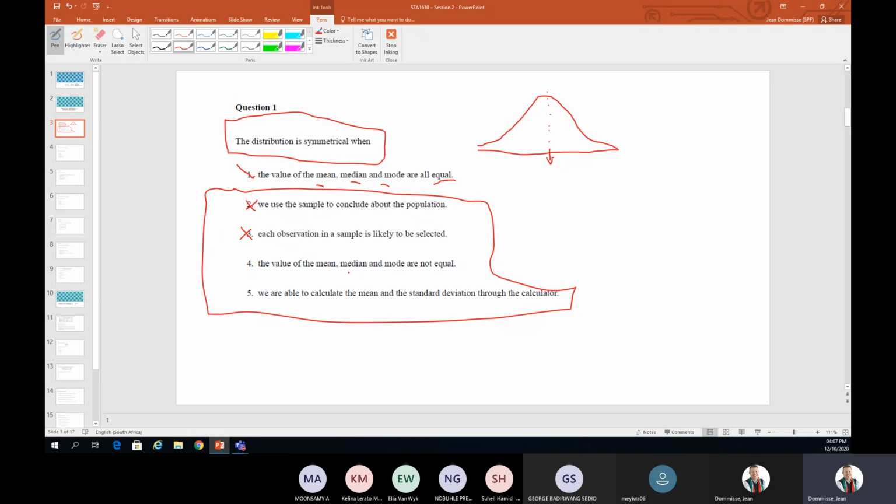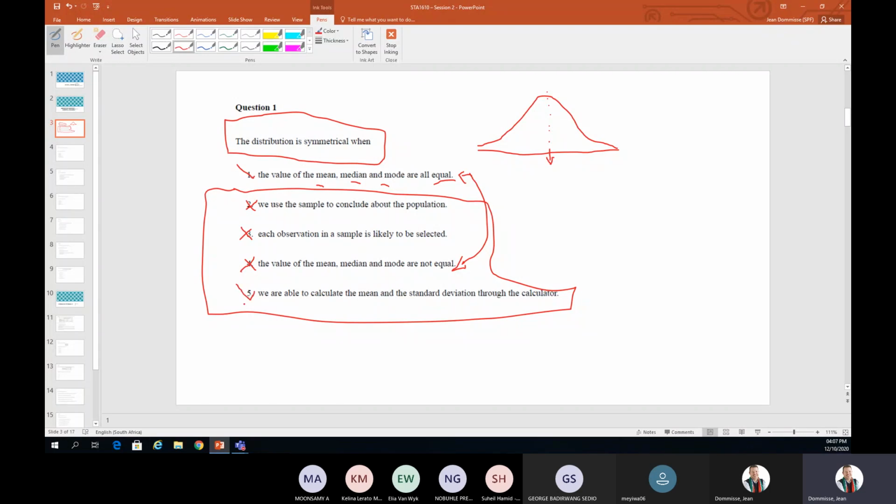The value of the mean, median, and mode are not equal. So that is basically the opposite. That is nearly what they wanted to check with you, if you know that everything will be equal or if it's not equal. So that is why that one is wrong. We are able to calculate the mean and the standard deviation through the calculator.